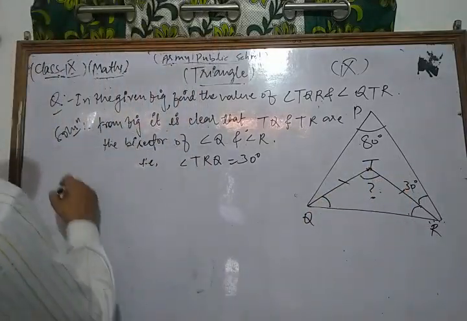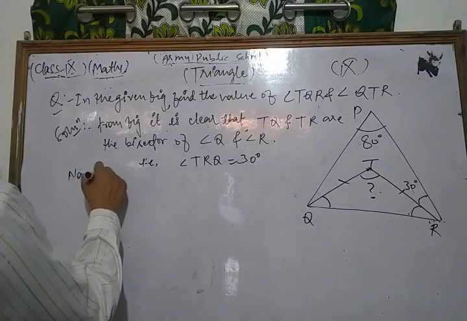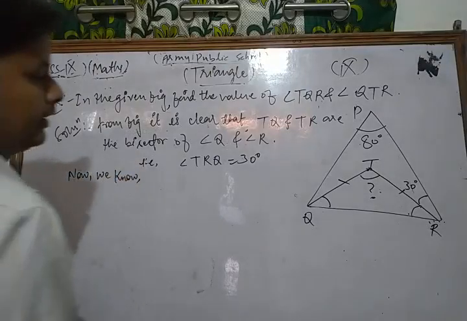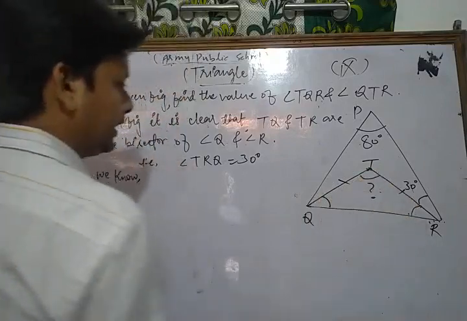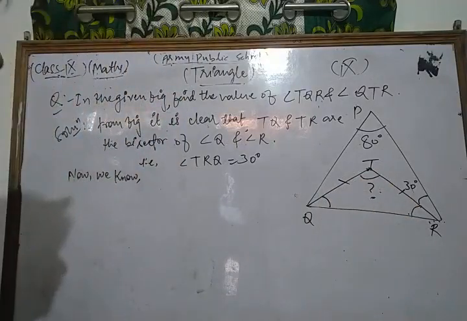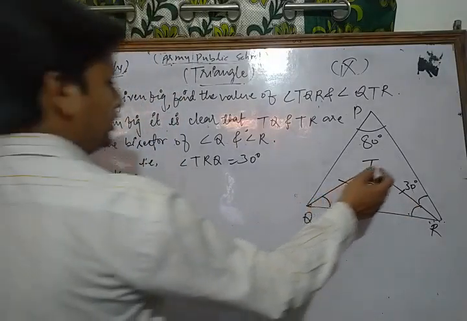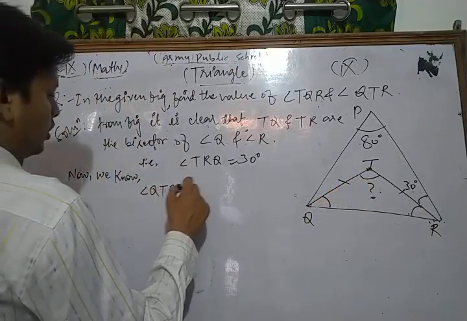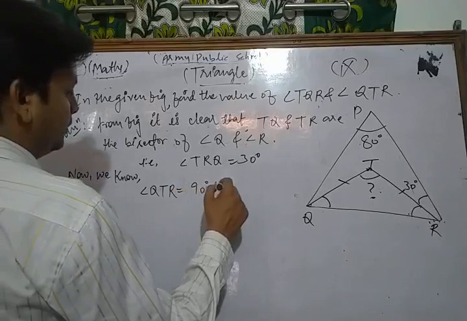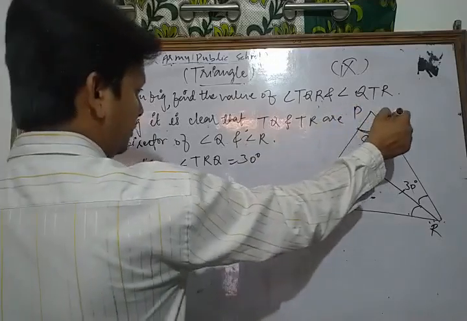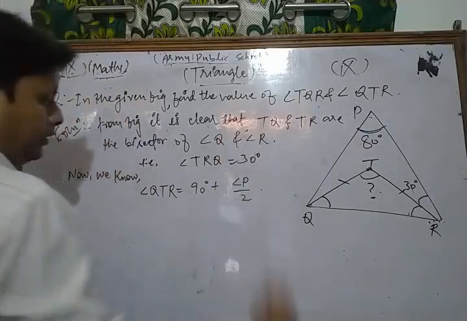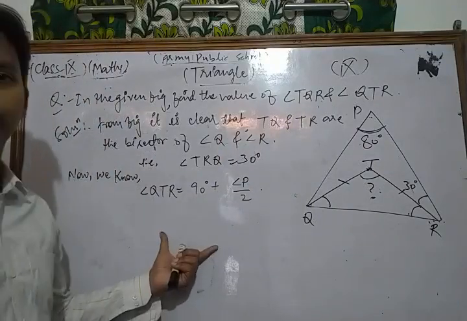Now we know that when TQ and TR are the bisectors of angle Q and R, then we have a result: angle QTR is equal to 90 degree plus half of angle P. This is the vertex angle, meaning half of angle P. This is the result I proved earlier.